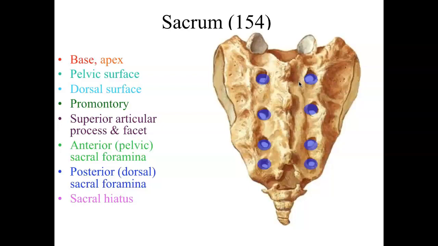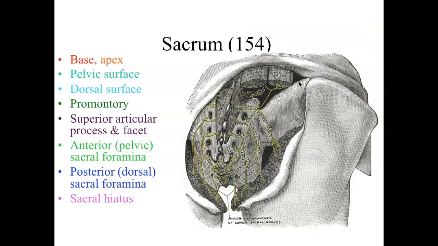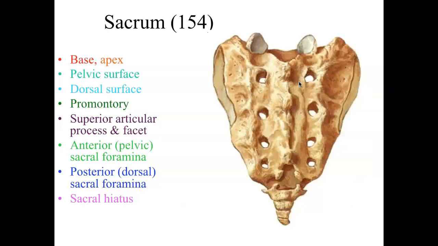And the reason for that is because we have all of these wonderful nerves that are going to be exiting either anteriorly through the anterior sacral foramina or posteriorly through the dorsal sacral foramina. And so we need to differentiate those exits.